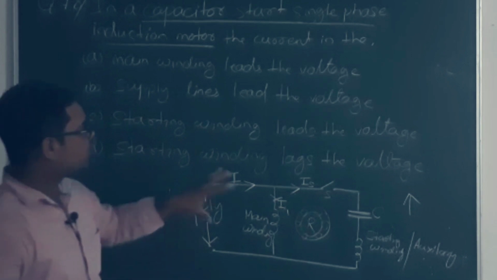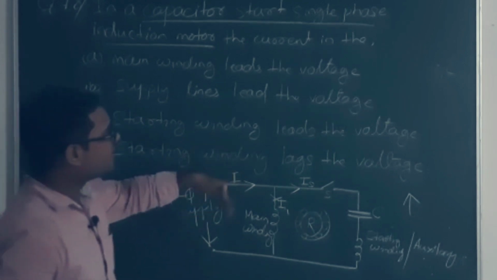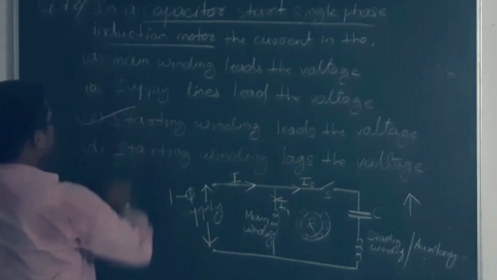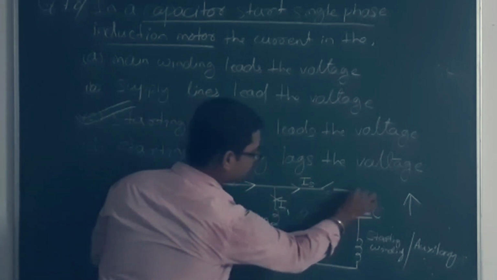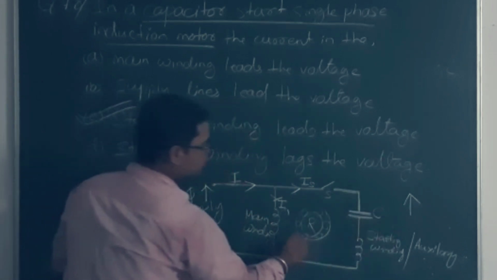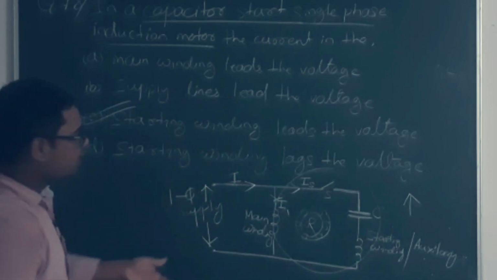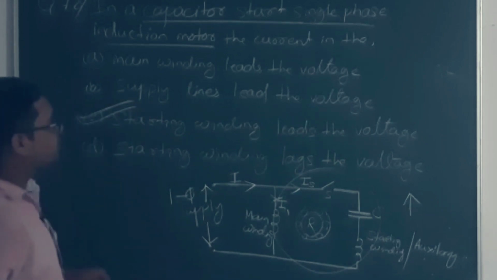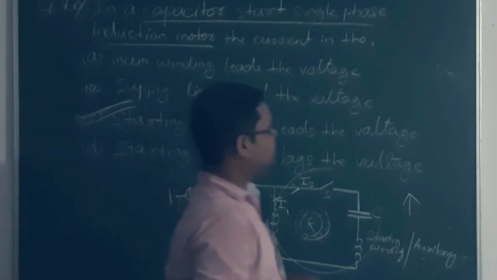Two currents are there. Your starting winding current will lead the voltage. Option C is the correct choice. As the capacitor is connected with the starting winding, the current in this winding leads the voltage. So the starting winding leads the voltage. Okay, moving to the next question.